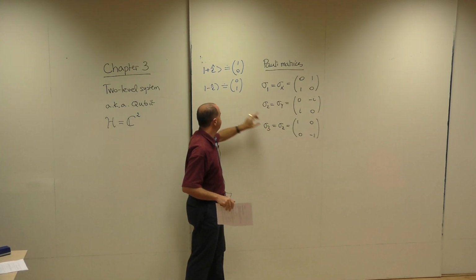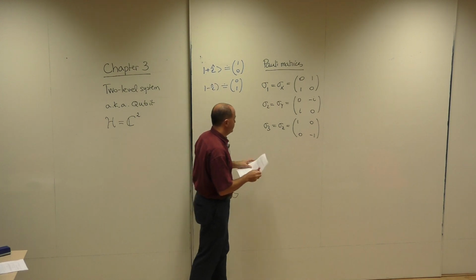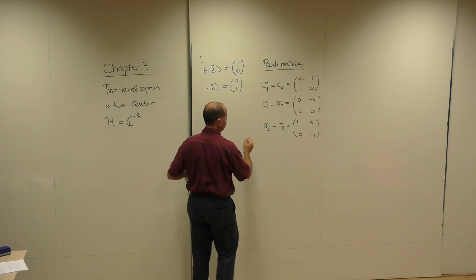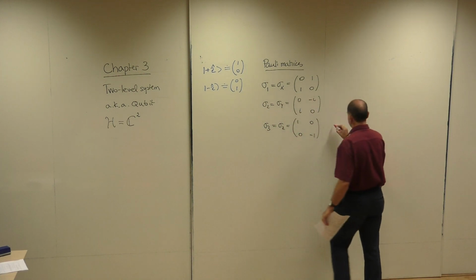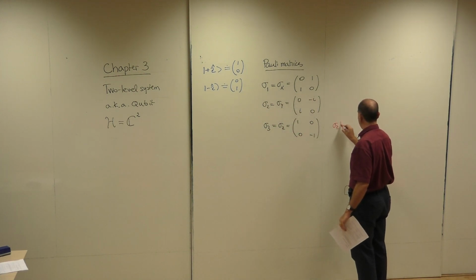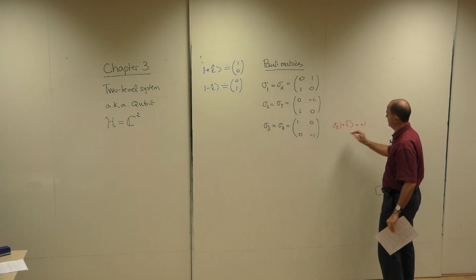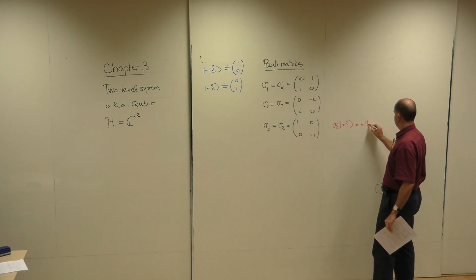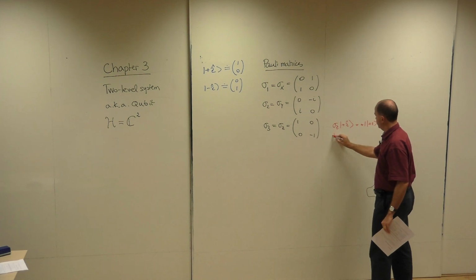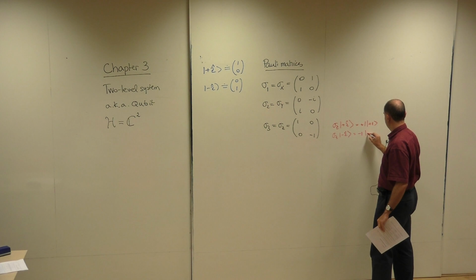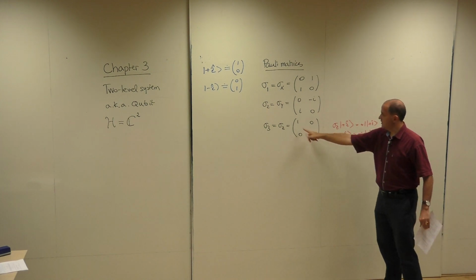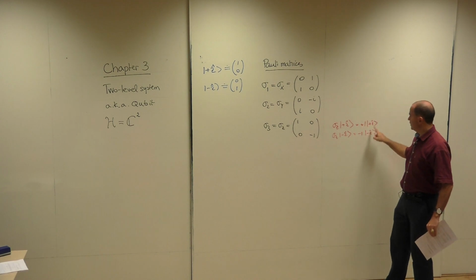It's not by chance that these are called plus z and minus z. Indeed, sigma z applied on the vector plus z gives plus 1 times the vector plus z, and sigma z applied to the vector minus z gives minus 1 times the vector minus z. So the eigenvalues of this matrix are clear, 1 and minus 1, and they are associated to these vectors.